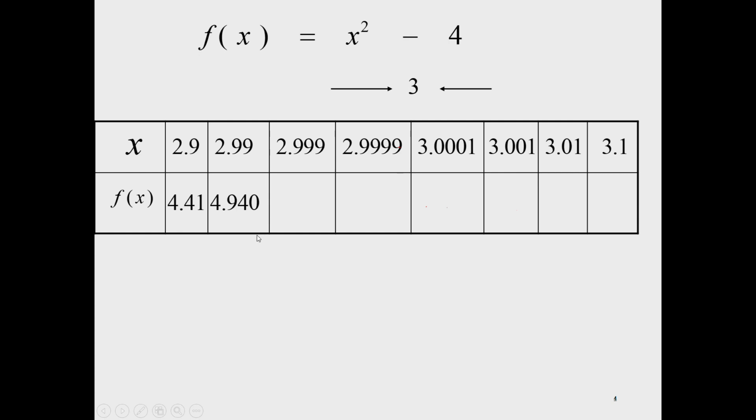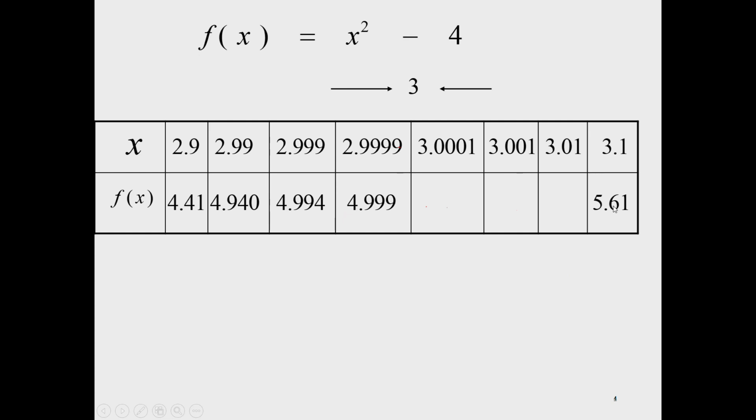Let's see from the left hand side. For 2.9 you get 4.41, for 2.99 you get 4.940, then 2.999 you get 4.994, and for 2.9999 you get 4.999. You can see these values are going towards a common value in the middle here.